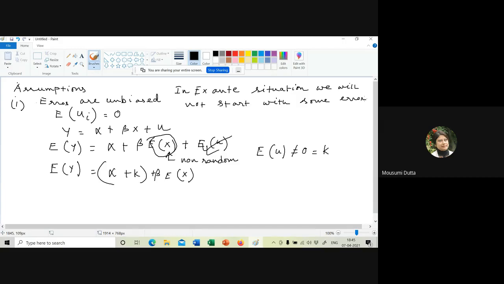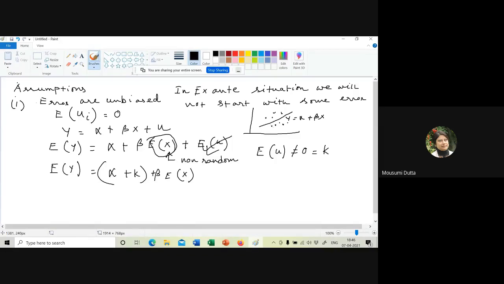This is number one. Number two, when we are considering any regression equation, any exact relationship, y is equal to alpha plus beta x, if the errors are random, they will be evenly distributed in the positive and negative direction of the fit.